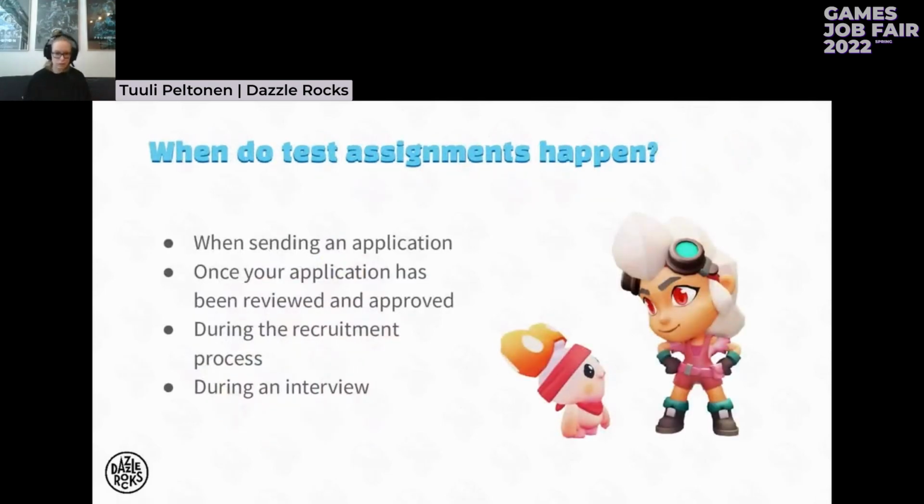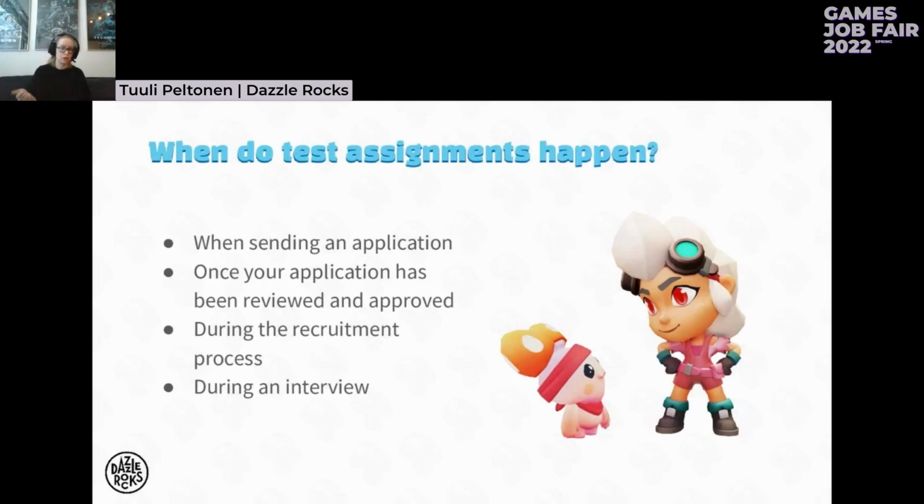And when do test assignments actually happen? Whenever there is a large amount of candidates expected to apply for a certain position, companies sometimes tend to do test assignments right at the start of the process. So when you send in your application, you might be asked to do a code test right at the beginning.